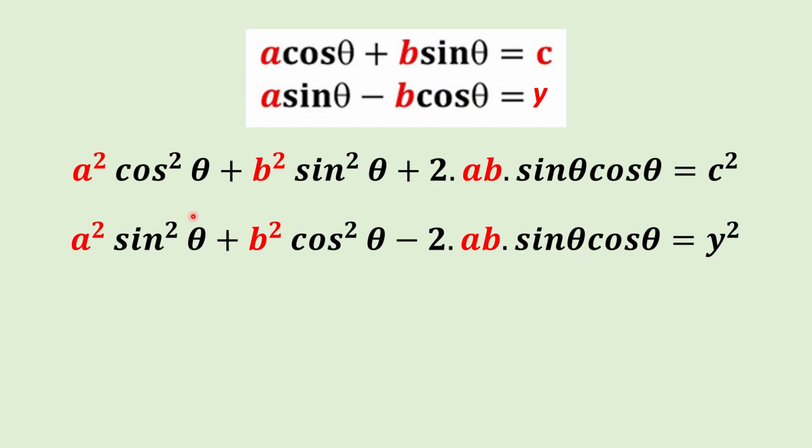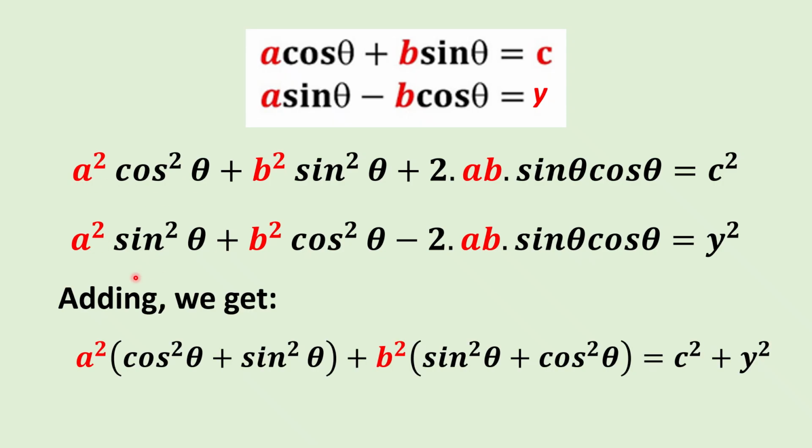Now we add. So a square cos square theta plus a square sin square theta, that is a square within bracket cos square theta plus sin square theta, plus b square sin square theta plus b square cos square theta, that is b square within bracket sin square theta plus cos square theta. And plus 2ab sin theta cos theta and minus 2ab sin theta cos theta will cancel out each other.